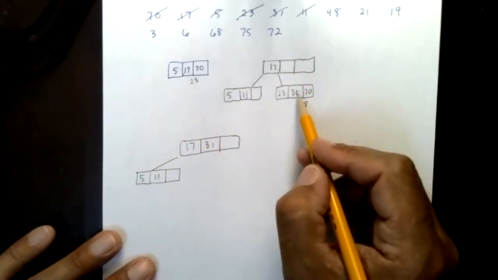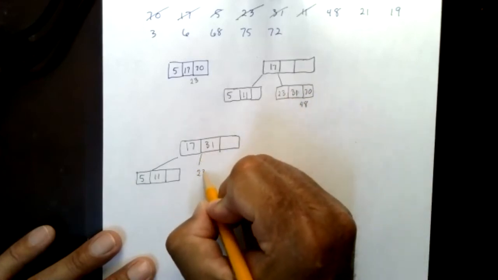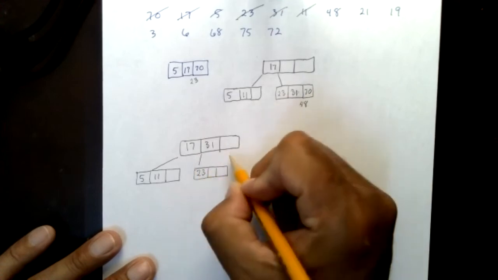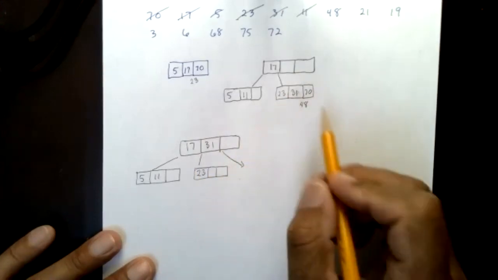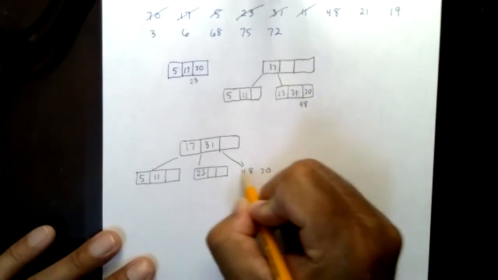When I blew it up, the 31 left, but the 23 is going to be right here. To the right of the 31 should be my 48 and 70.